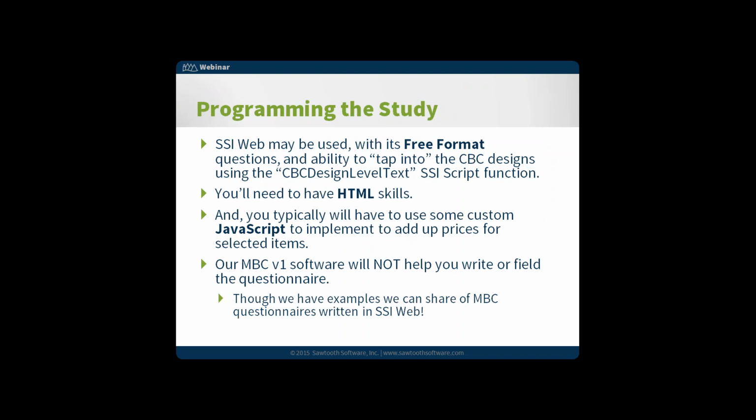And we have special keywords in SSI script functions like the CBC design level text script function, which is documented in SSI Web, to be able to tap into what level text to show on the screen in this task to this respondent.